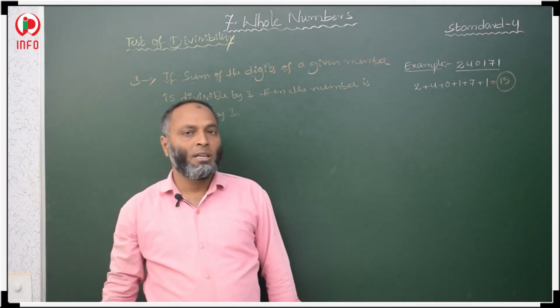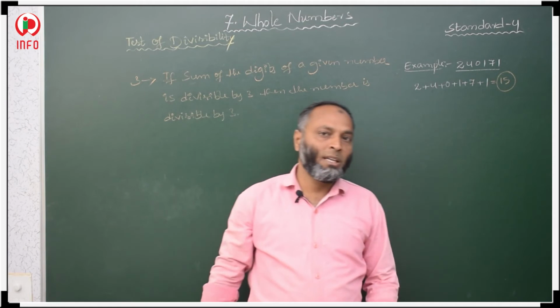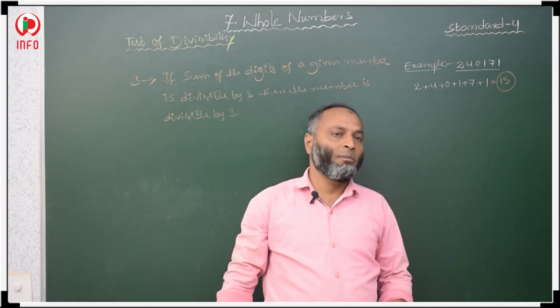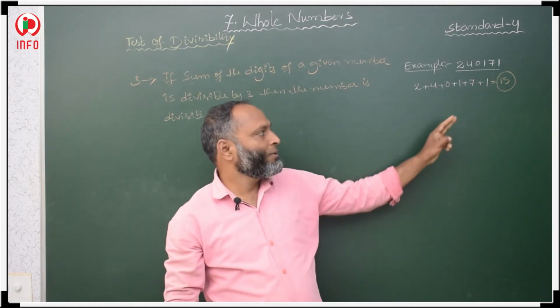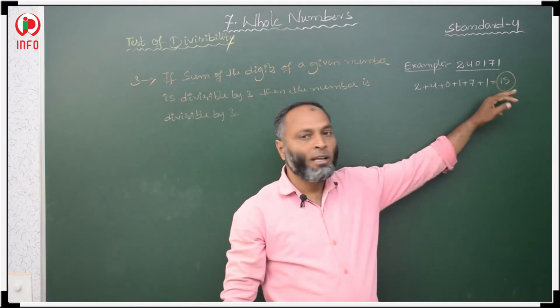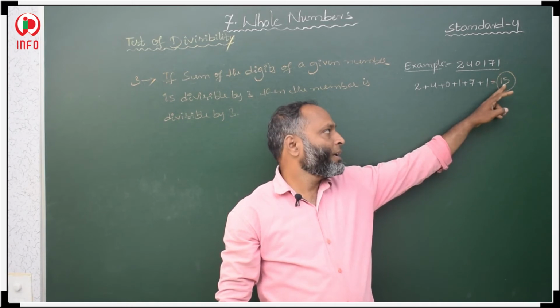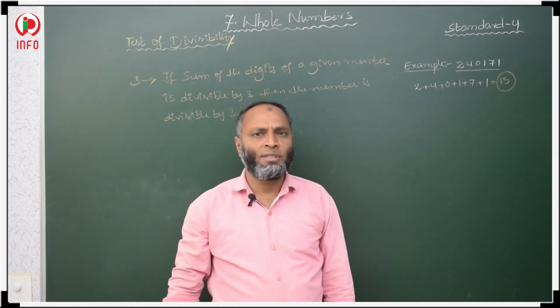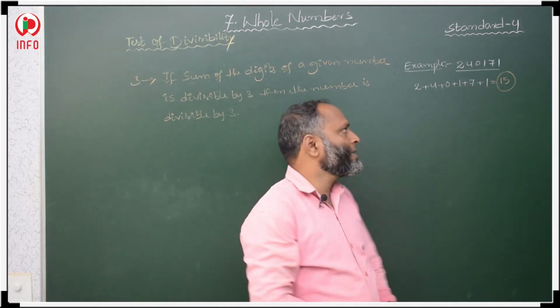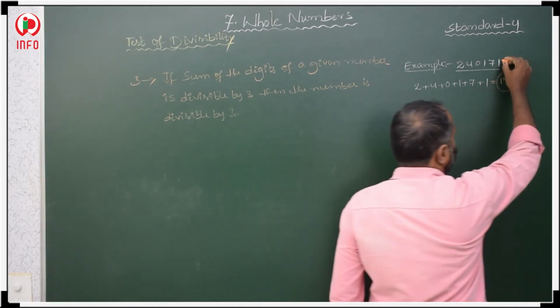Now check whether 15 is in the 3 table or not. In the 3 table: 3 ones are 3, 3 twos are 6, 3 threes are 9, 3 fours are 12, 3 fives are 15. Yes, it is there, so this number is divisible by 3.